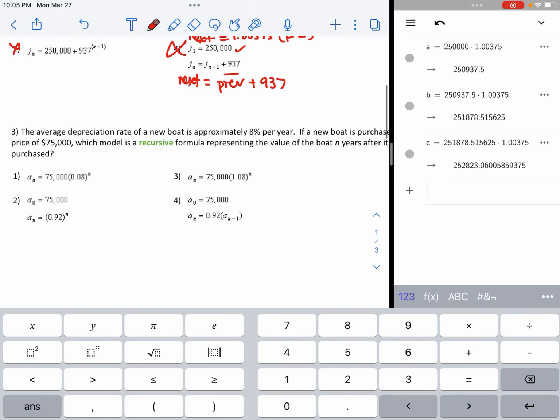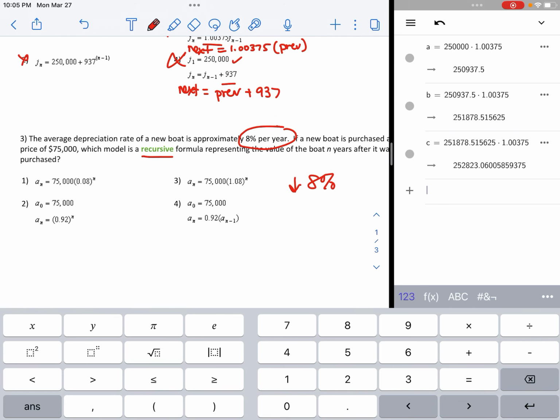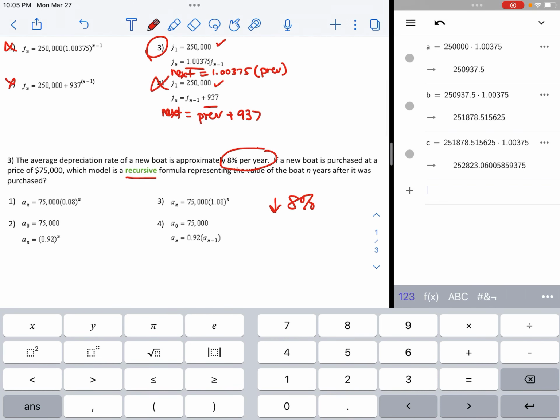Number 3, again, it asks for a recursive formula. The average depreciation rate of a new boat, so it's going to be a sequence that's decreasing, is approximately 8% per year. So it's depreciating by 8%. It's starting at a price of $75,000. Which recursive model tells us the value of the boat N years after it was purchased? Okay, again, 2 of the choices are not recursive.